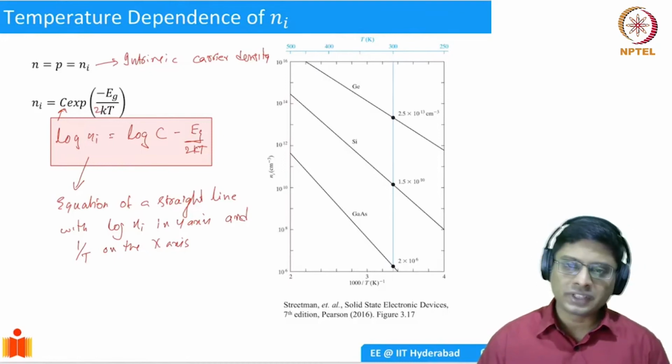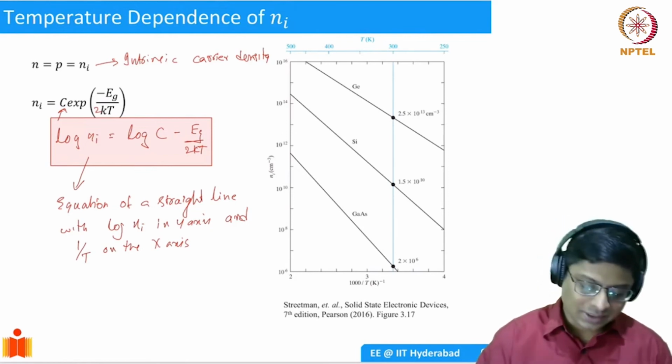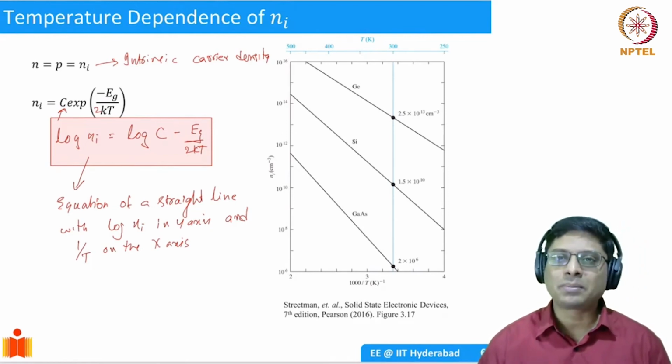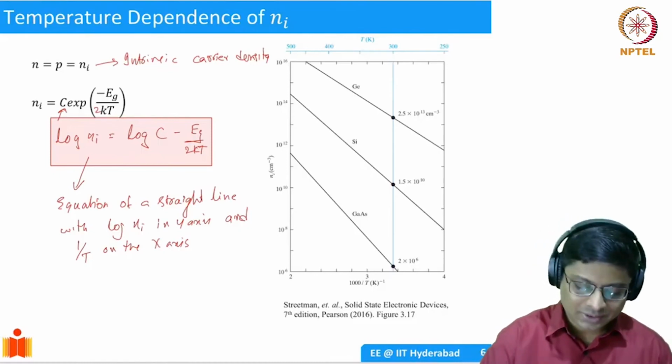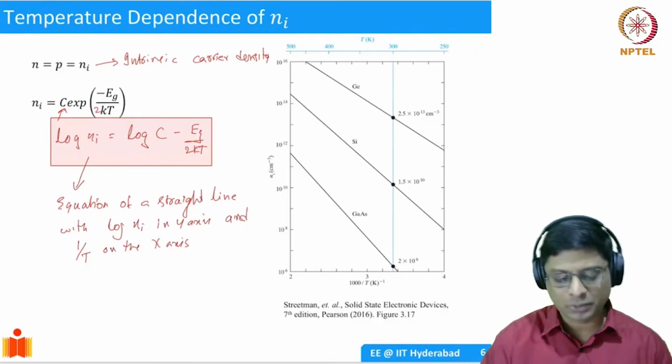When you plot this, you see that various materials have straight lines which are indicative of the band gap. Germanium has a band gap of 0.66, so it has a smaller slope. Silicon has a band gap of 1.12 eV, so a higher slope. And gallium arsenide has an even higher slope because it has a band gap of 1.42 eV.